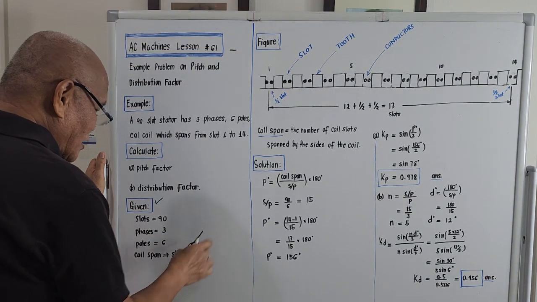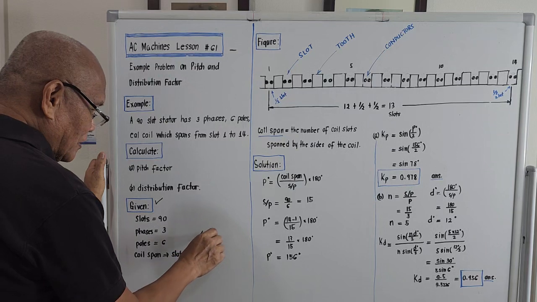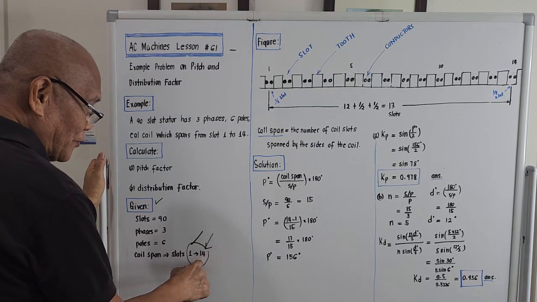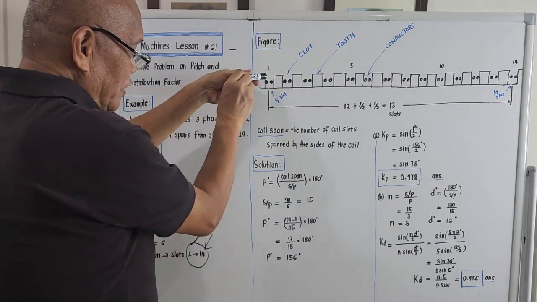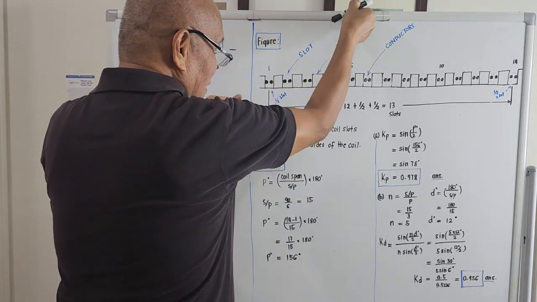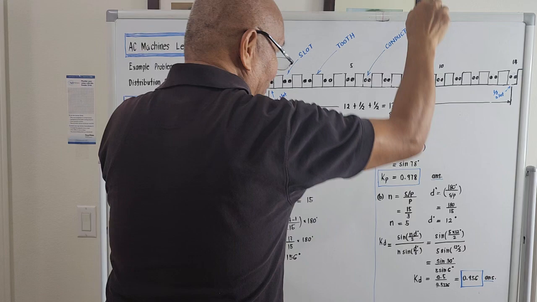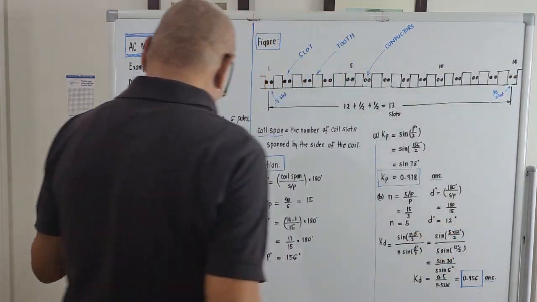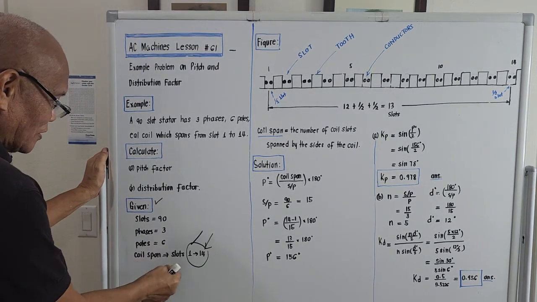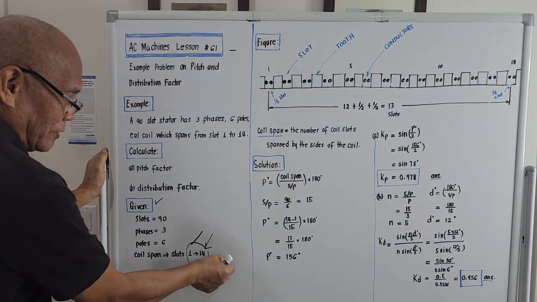It goes out at slot number 1, then it will come back at slot number 14. It goes in here, it goes to the back, then it will come back, then it will enter slot number 14. So that's the meaning of the coil span slots being 1 to 14.